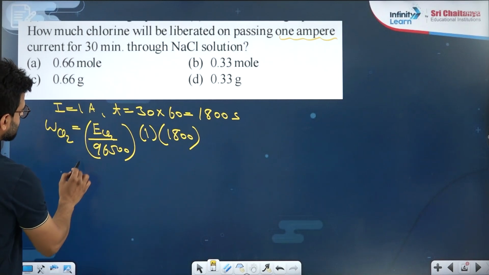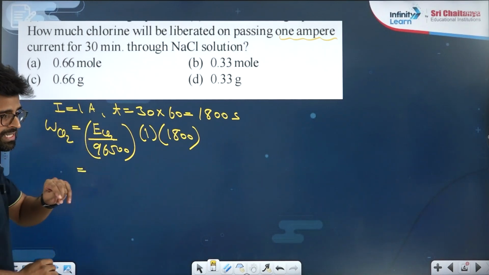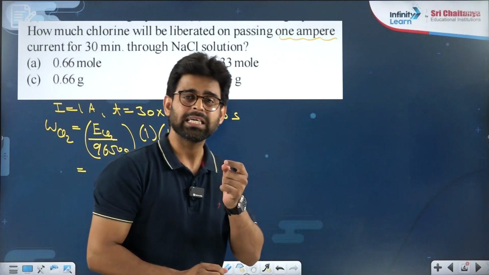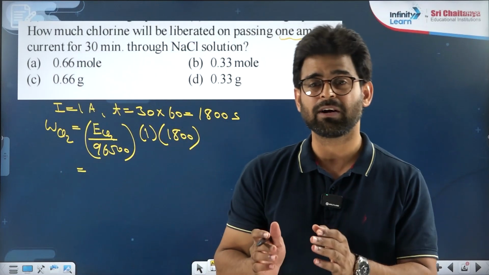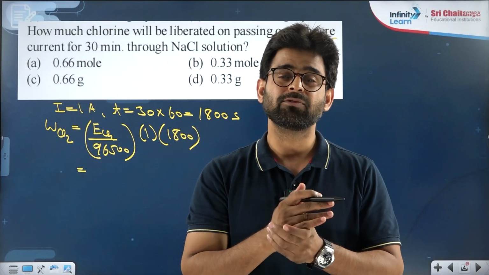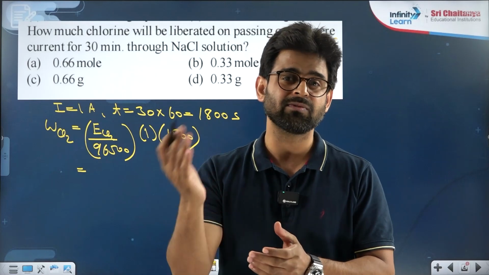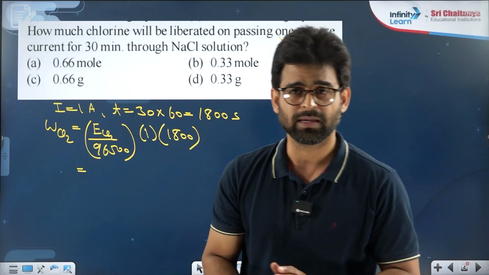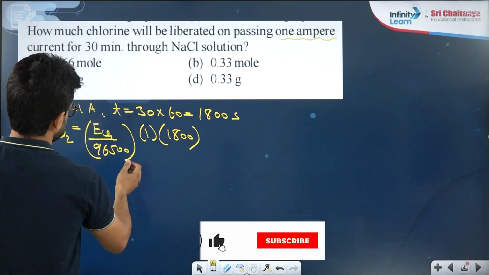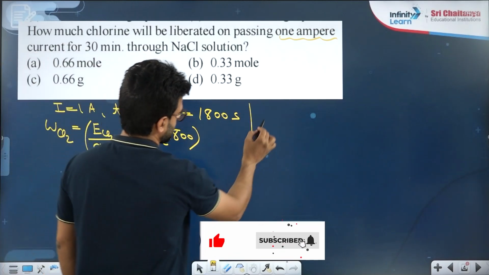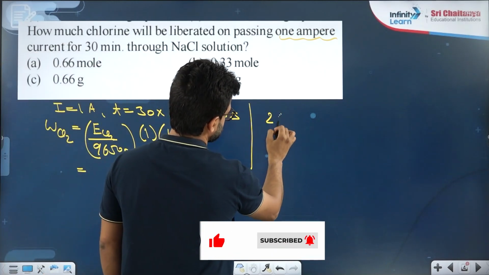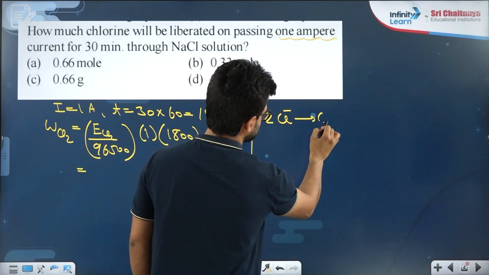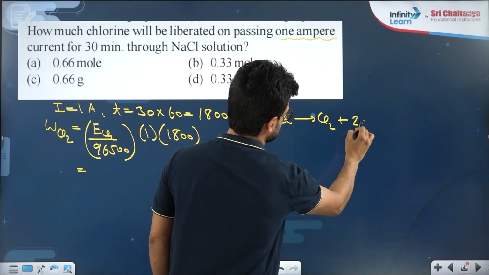First tell me again, just now I told you, what is the equivalent weight of chlorine? It is 35.5, right? If you are taking Cl2, then 71 by 2, or just Cl, 35.5 divided by 1, right? If you see the reaction also, 2 Cl negative ions will give us Cl2 plus 2 electrons, right?